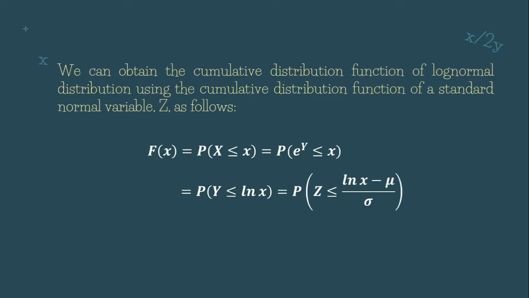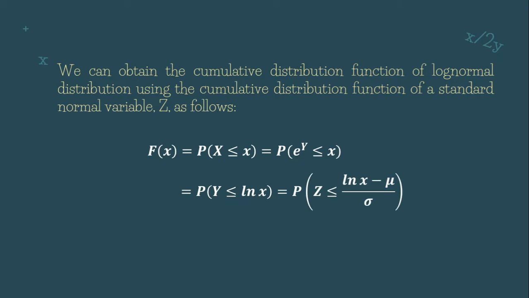So, knowing the facts, we now know that the probabilities of a log-normal variable are obtained by transforming a normal variable. Because of this, we can obtain the cumulative distribution of log-normal using the cumulative distribution of a standard normal variable z as follows.